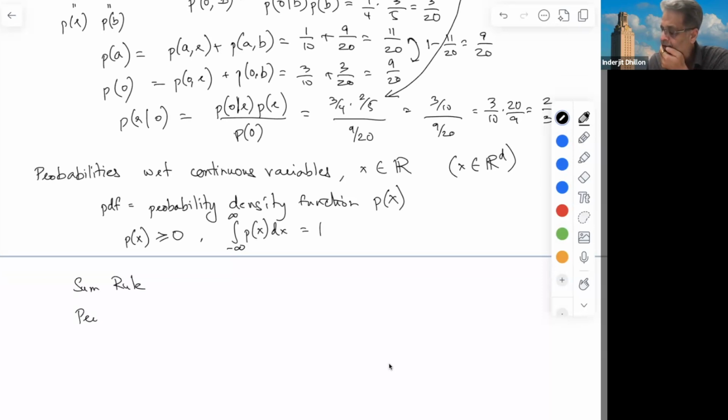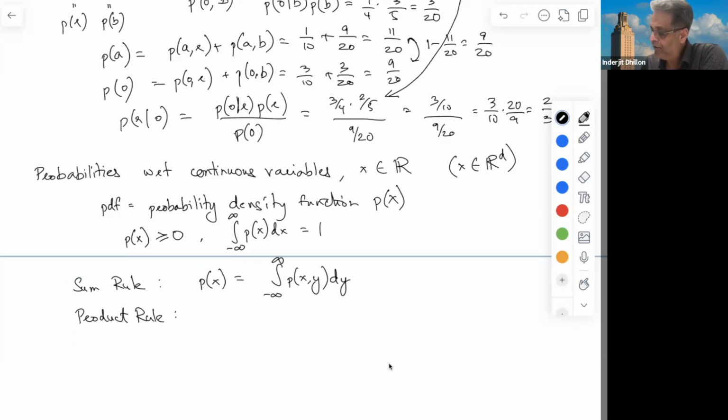and the product rule that we had for discrete random variables, we have the sum rule, which is that the marginal distribution is when we integrate out the other variables. So suppose we have a two-dimensional joint distribution between x and y, right? We marginalize over y. So that's analogous to summing over all the different possible values of y.